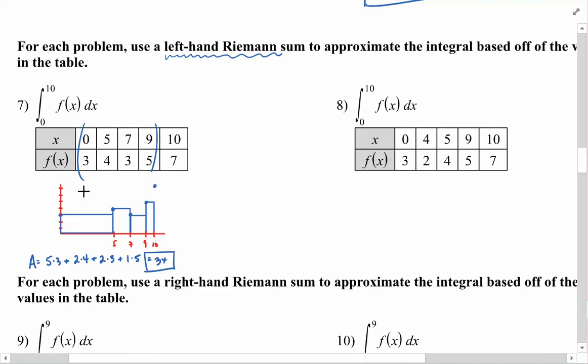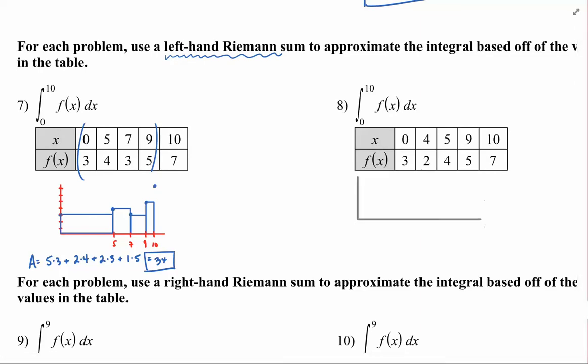So you can see what I did over here on the left-hand side. I started with just a quick sketch of what the graph of this equation might look like. And I'm going to mark the x values on the x-axis and the y values on the y-axis.